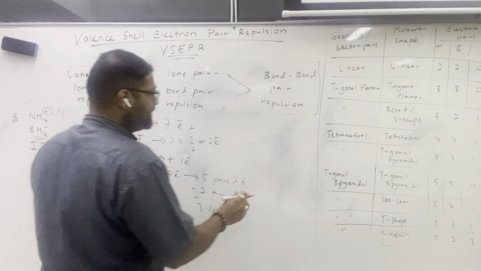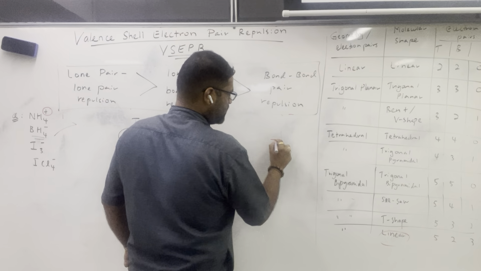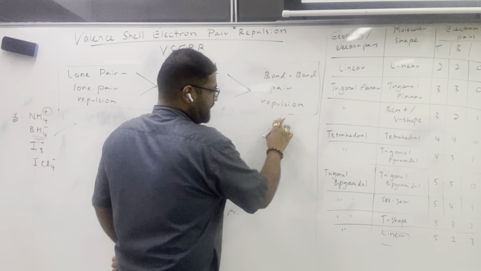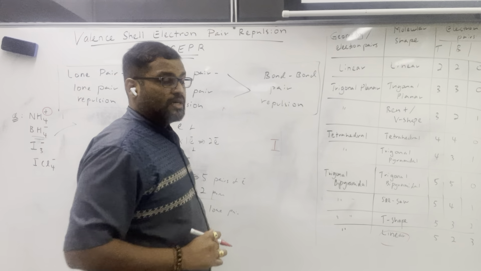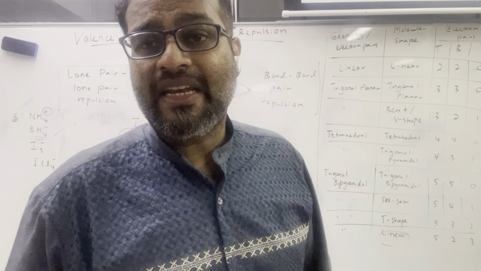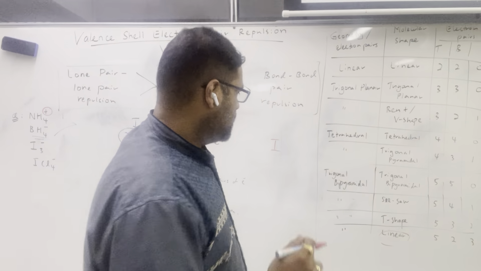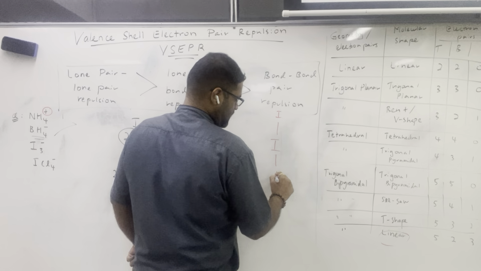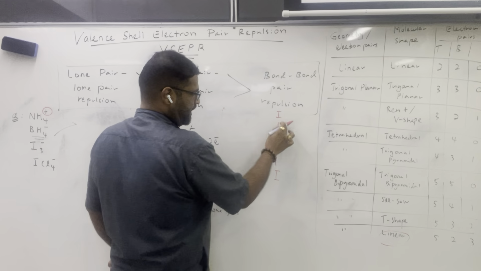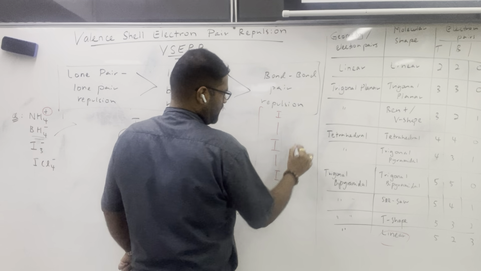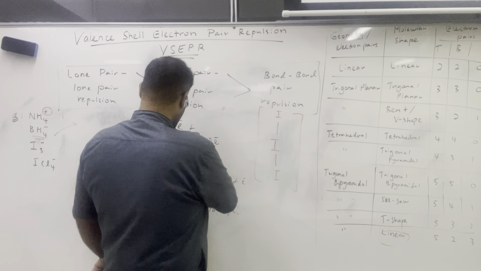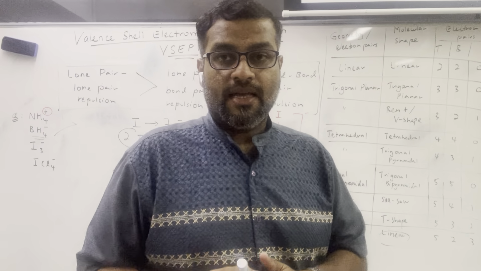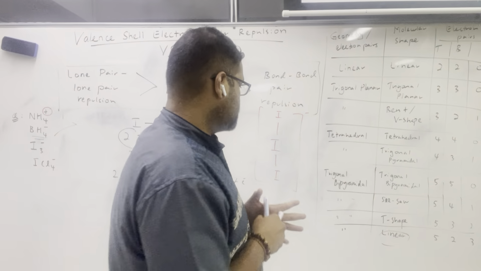So how does the linear shape look like? First we're going to write iodine in the center, and linear shape is basically a 180 degree in a planar shape. So it will be iodine and iodine on the other end, up and down, with a negative charge outside, because this negative charge is for the entire molecule, right?